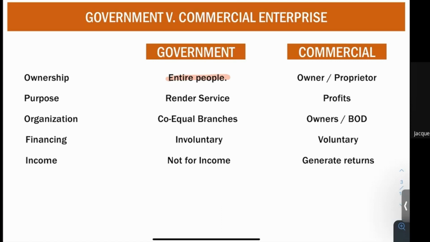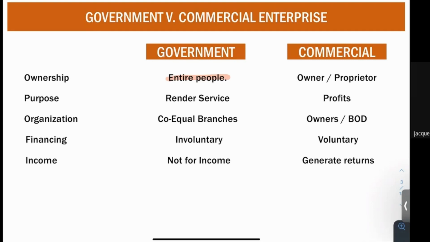It is not considered as an income. And if you say that your licenses or fees are still considered a profit under the government, no, they are not the main purpose of the government. They are only secondary as to licensing requirements or giving permits, but generally, their main purpose is to render service.